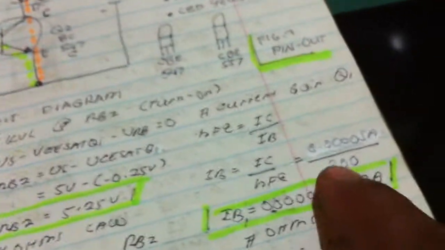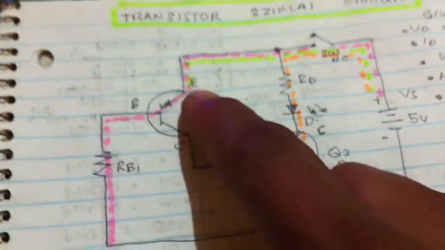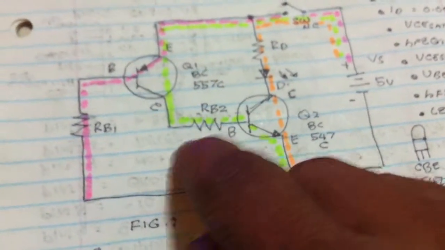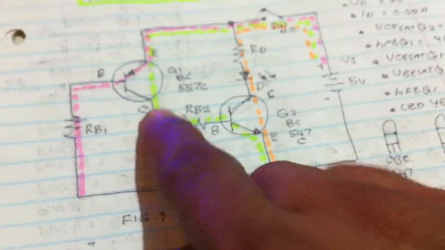And we get this 0.005. And as we have seen here, the collector current and the current at the emitter of PNP is the same as the base current of this NPN, since they are connected from collector to base.